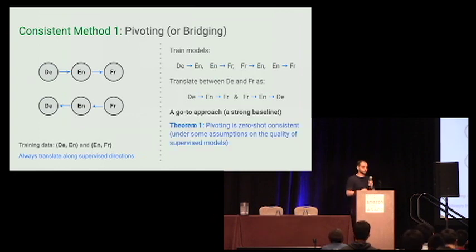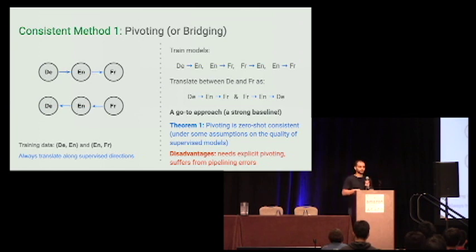So this is a go-to approach and a very strong baseline, and we show in the paper that it is zero-shot consistent. The disadvantage of the approach is that first, it's a pipeline. The errors may accumulate. It very much depends on the quality of these supervised directions, but at the same time, it is also pretty expensive to use at inference time because we need to run the model twice.